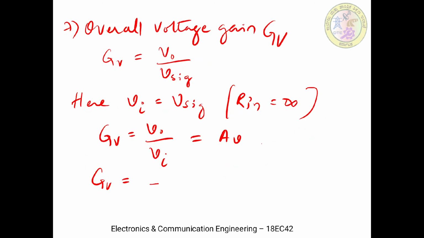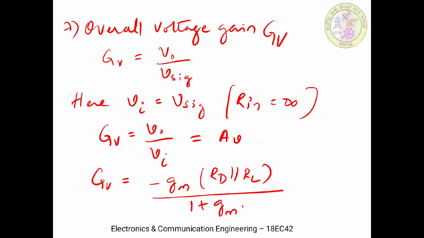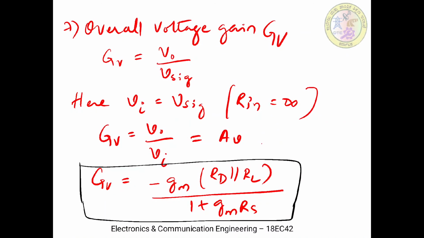So we will simply rewrite that: minus gm RD parallel to R naught by 1 plus gm into RS. Okay, so this is the overall voltage gain in case of common source amplifier with source resistance RS. Okay, so voltage gain and overall voltage gain both are equal.